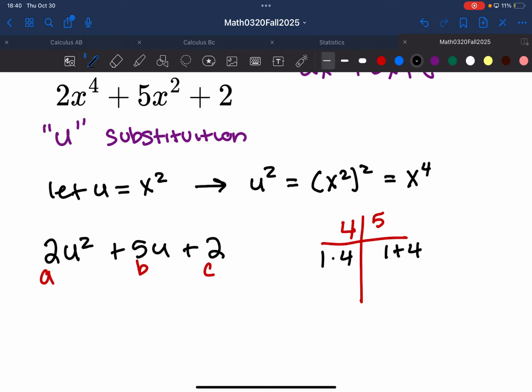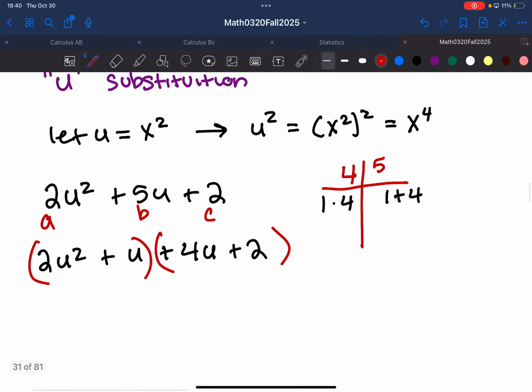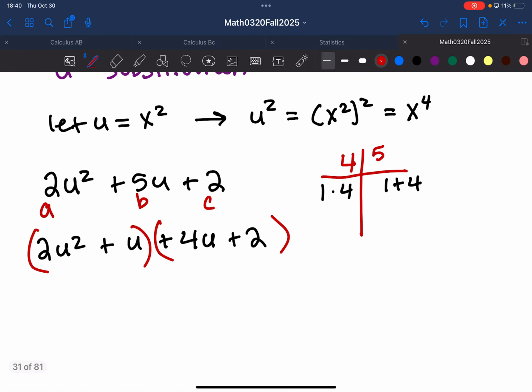So then I would write 2u squared plus 1u, or I just write u, plus 4u plus 2. We do the same thing. We do the parentheses, and we take out a GCF. What GCF can come out of the first one? U.